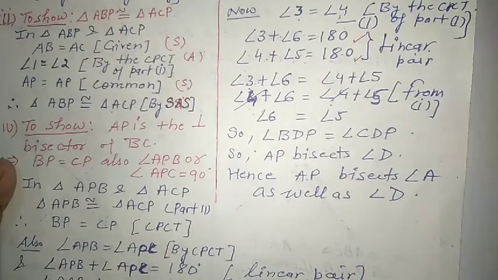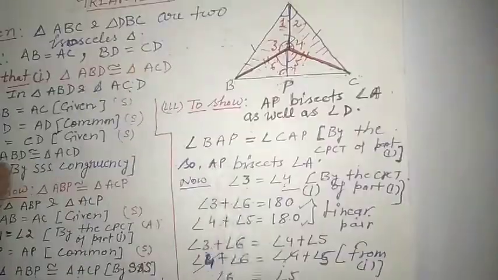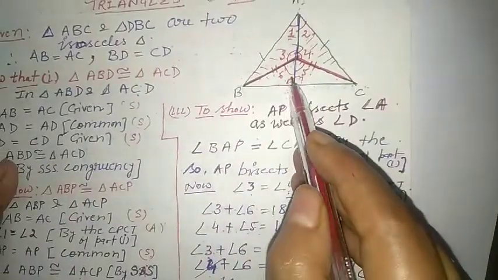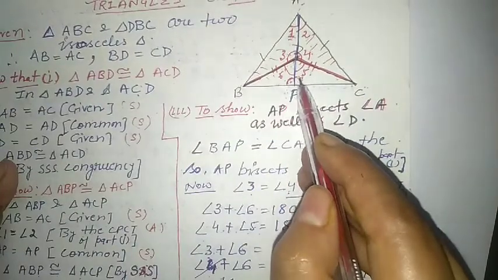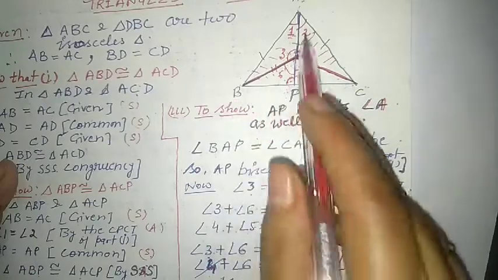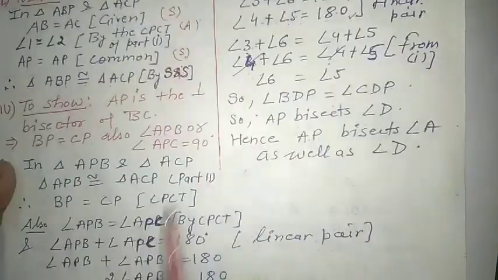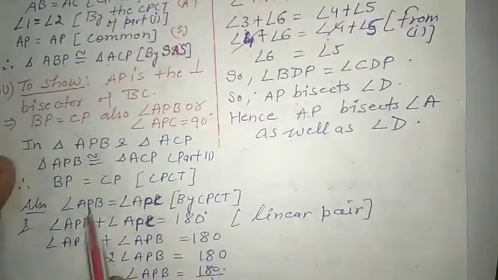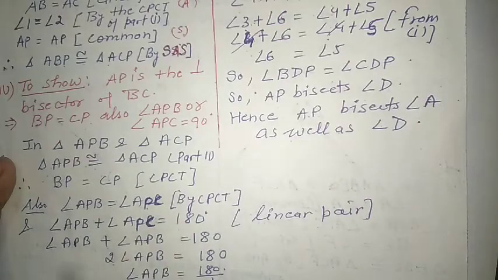This is by CPCT. Also, from the same triangles by CPCT, this angle is equal to this angle. Angle APB is equal to angle APC. So these two angles are equal, APB is equal to APC by CPCT.